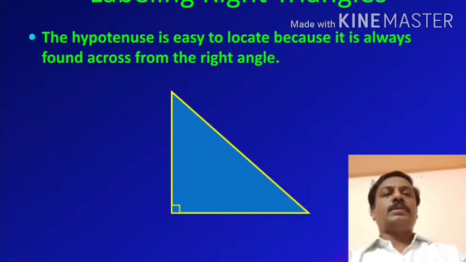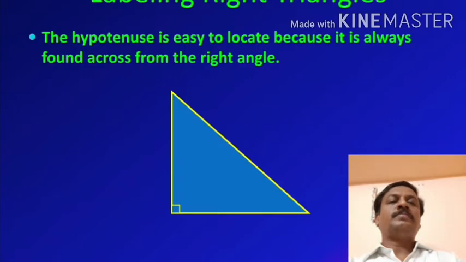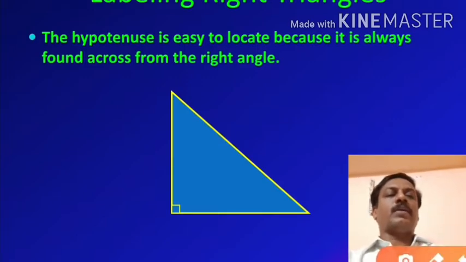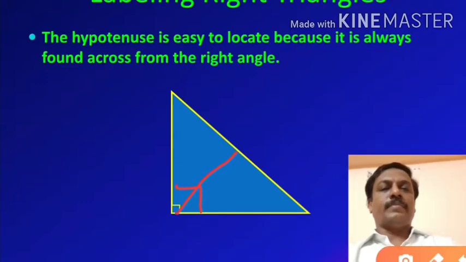The hypotenuse is easy to locate because it is always found across from the right angle. So the angle which is across right angle, this is right angle. Right angle means the angle equal to 90-degree. Okay, so the side across this means this one.